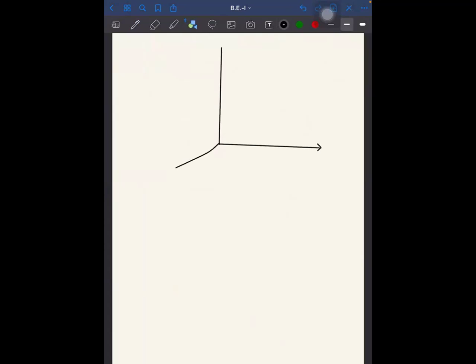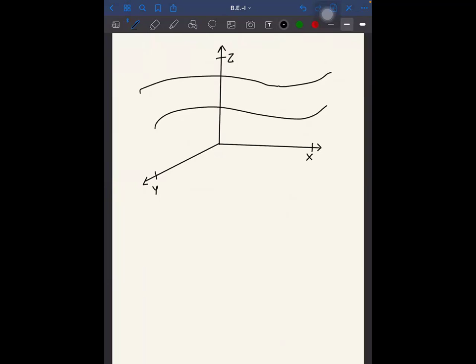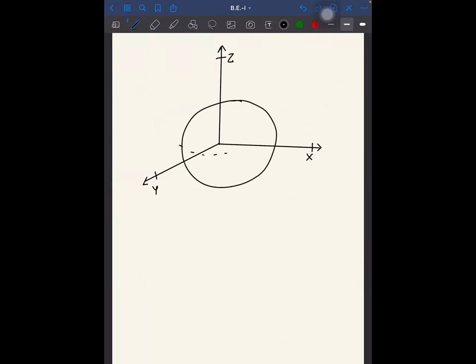You make the x axis, y axis, and z axis, and then you may plot a plane, or a simple solid sphere. Are you getting this?